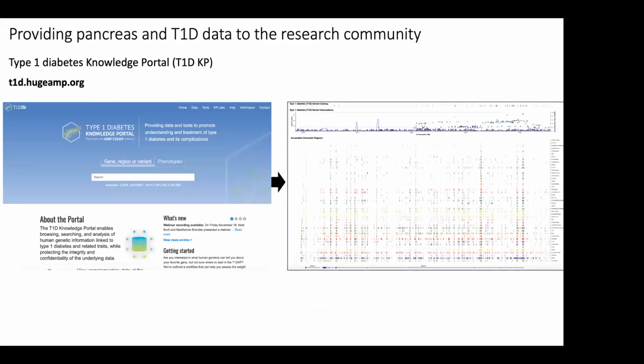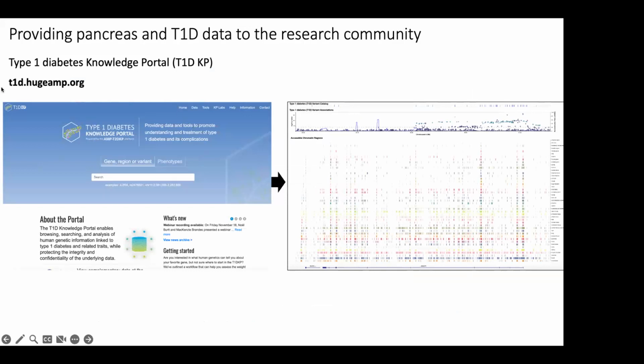Okay, so the last thing that we do in terms of providing resources is to create web portals to access genetic data for type 1 diabetes, right? Obviously, there's a lot of interest in understanding the genetic risk of type 1 diabetes and whether certain genes are involved in disease risk, or what the mechanisms are of how certain risk variants operate. But that can be a bit obtuse to people who aren't experts in this domain.